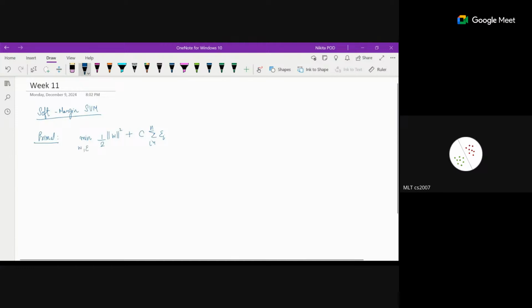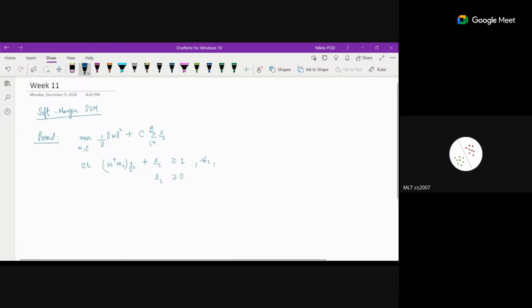My constraints were y_i W transpose x_i plus epsilon_i greater than or equal to 1 for all i, and the second constraint was that epsilon_i should be greater than or equal to 0.